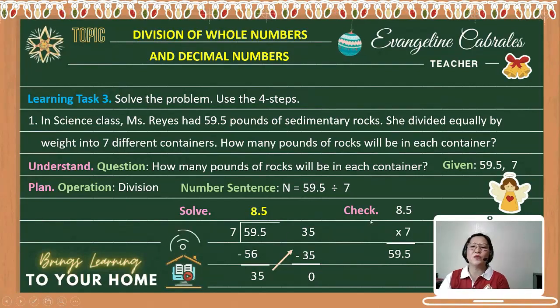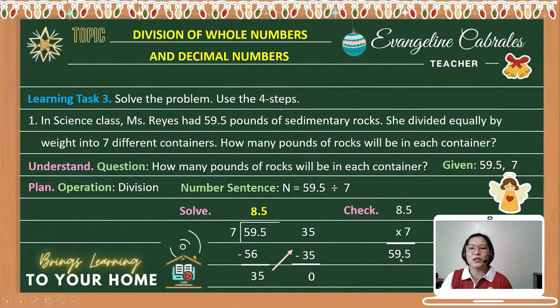And then, syempre, ang huling part ng ating 4 steps ay check. Ang quotient ay 8 and 5/10. Ang divisor ay 7. Pag minultiply sila, the answer is 59 and 5/10. Isa lang ang decimal place ng factor, kaya isa lang din ang decimal place ng product or answer.